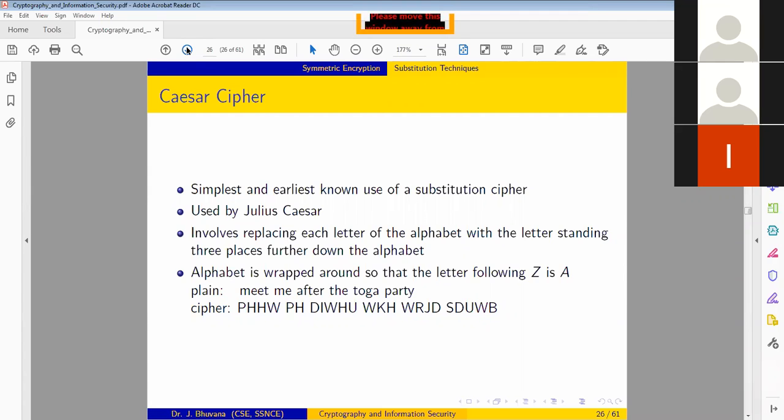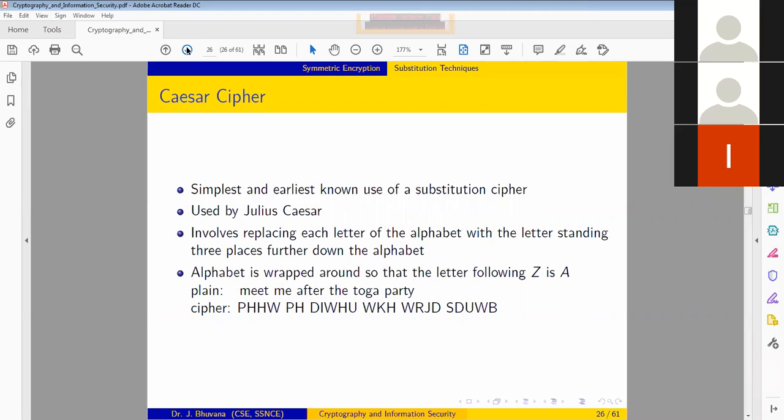We know we have 26 characters in the alphabet. If A is one of the letters in the message being communicated, I am going to add a constant value, say 3. What is A plus 3? It is B, C, and D.